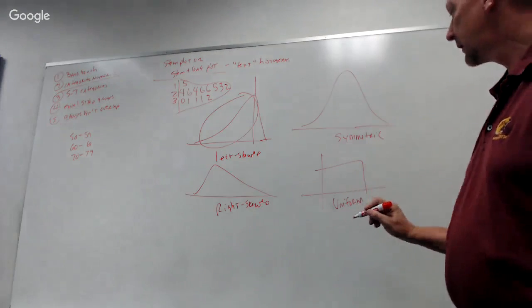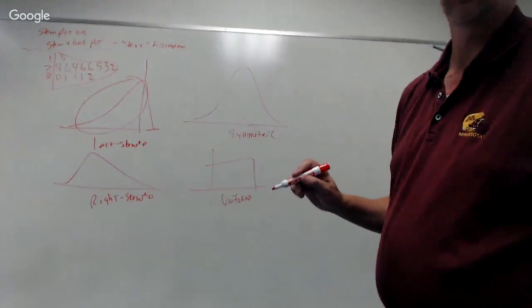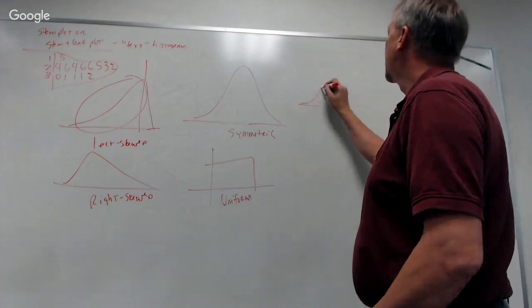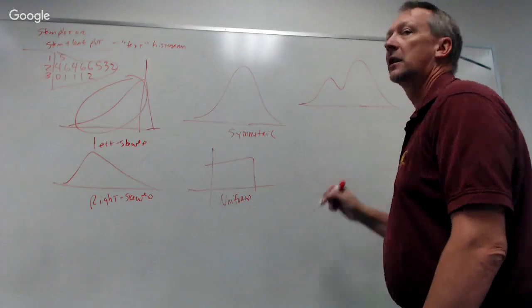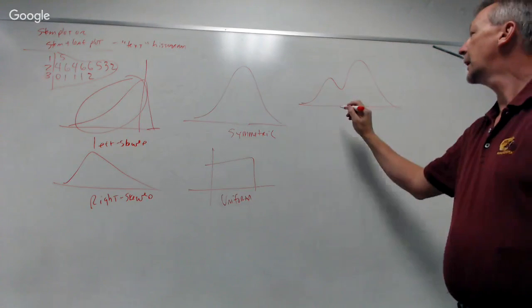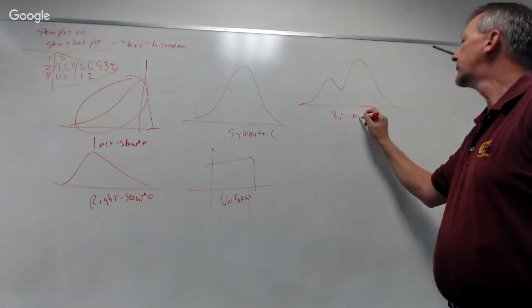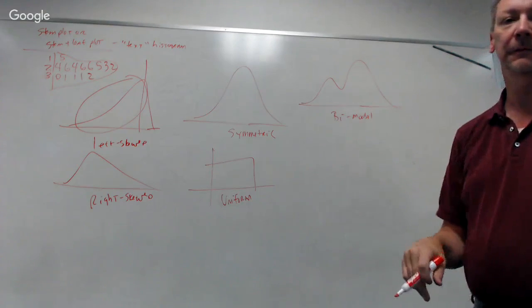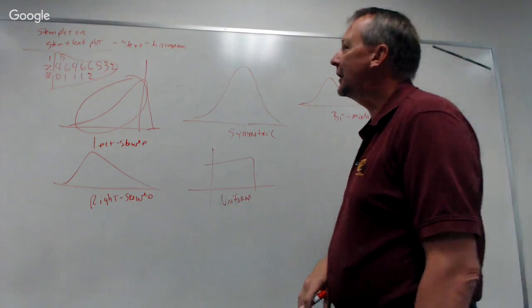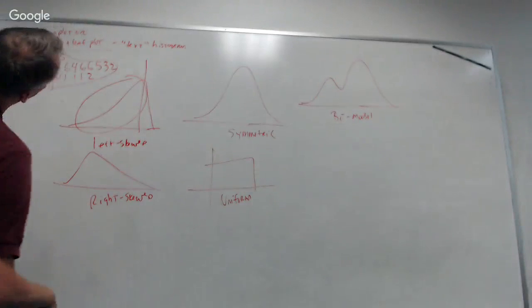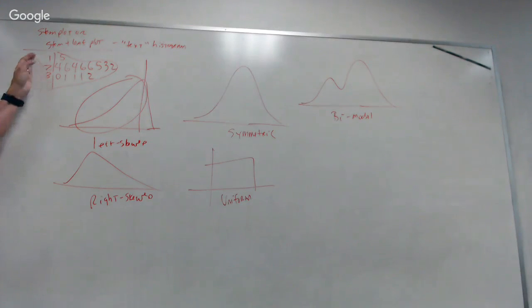And here I'll go, well, there we go. And this would be bimodal. Okay? So as we look at this, if you turn your head like this, is that skewed?